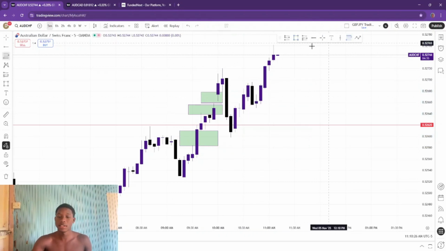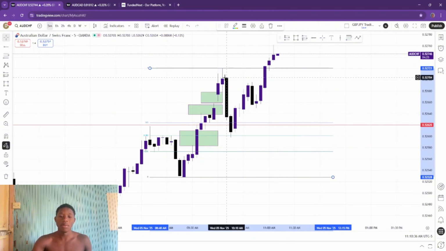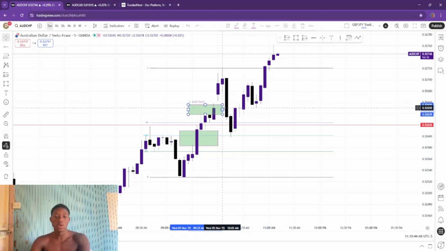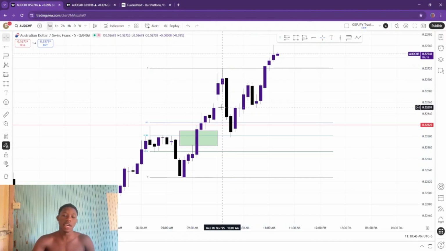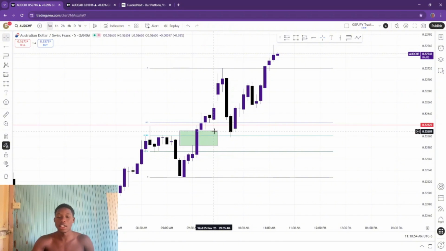Because we use our Fibonacci tool, we draw it from the high to the low because we plan to take uptrend trades. But we didn't take uptrend trades. Why? Because on the candle close that created the high, we see that candle fill that FVG and that FVG. Usually when the candle close fills the FVG, or if there are any filled FVGs in the trend leg when the high was created, that means the trade is likely to lose.